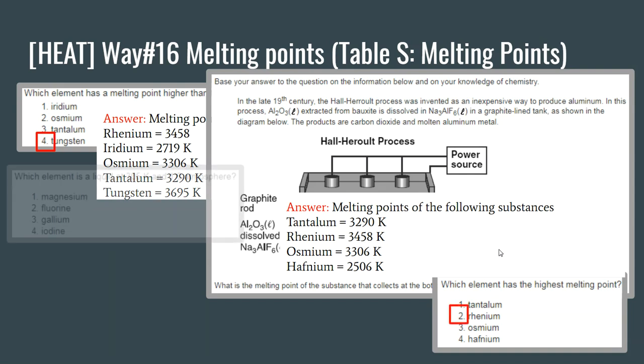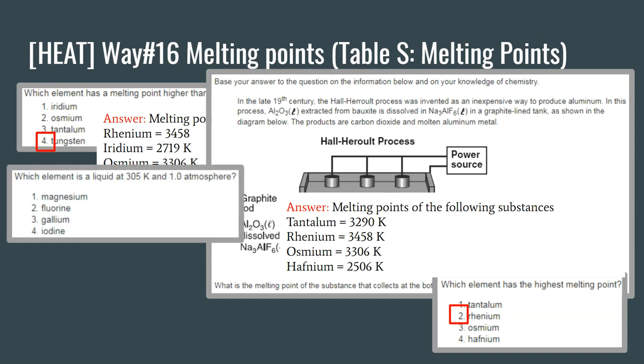Let's try another problem. Which element is liquid at 305 Kelvin and 1 atmosphere? This problem is deceptively simple, but you'll find that it's slightly harder than you think. See if you can figure out what the correct answer is before I tell you.